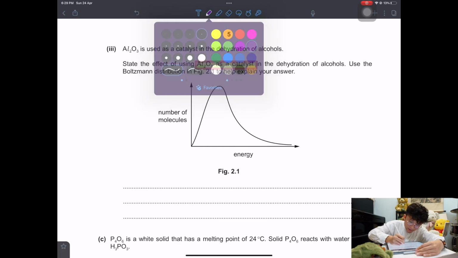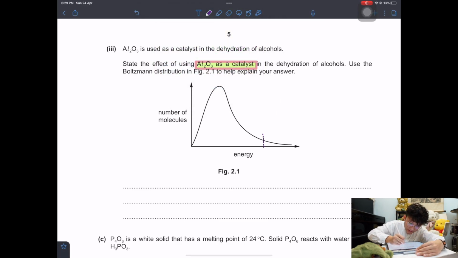Okay, so I can say that this is your EA without catalyst. You see, let's say if I have EA without catalyst, only this amount of particles react. So little. But let's say if you throw in a catalyst, what happens?